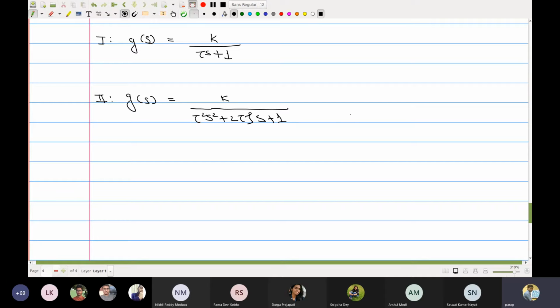We now want to know how the dynamics change when the system order changes.